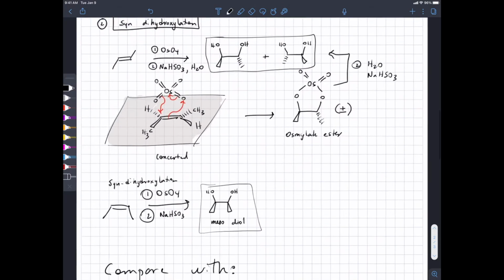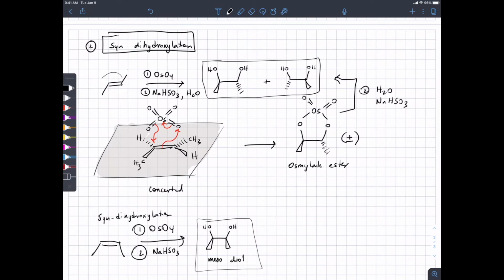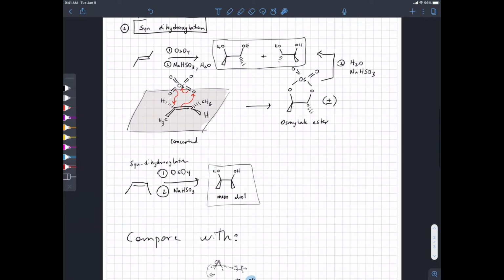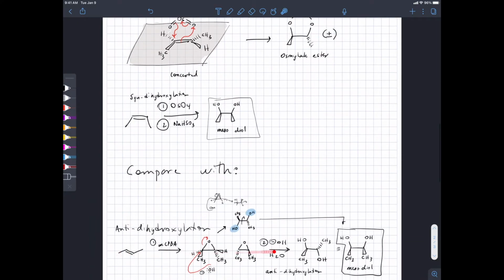So syn dihydroxylation means whatever alkene you're starting with, whether it's the trans or the cis, you add the OH groups to the same side of the alkene. And what I was contrasting is the stereochemistry that results when you start with the same alkene and you do syn dihydroxylation versus anti-dihydroxylation.